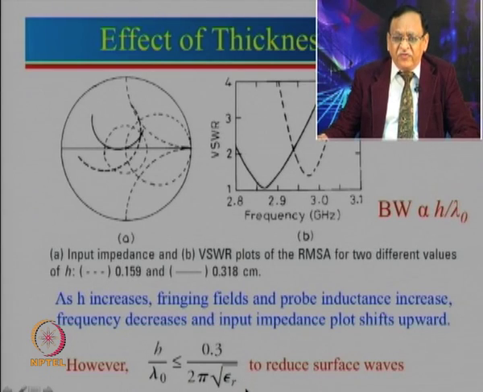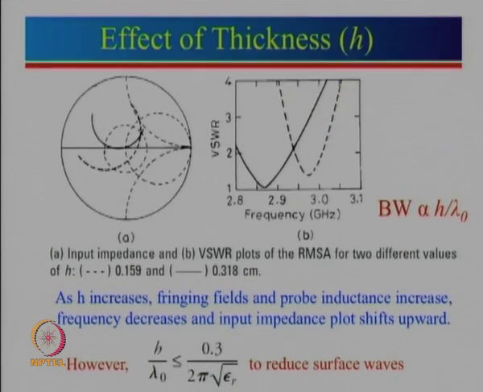Typically, suppose epsilon r is equal to 1, what is this number? 0.3 divided by, let us say, approximately 2 into 3. So that will be about 0.05, and if epsilon r is say 2 or 3, then this value should be smaller than that. So this puts the restriction: to reduce the surface wave, we need to reduce the height h.